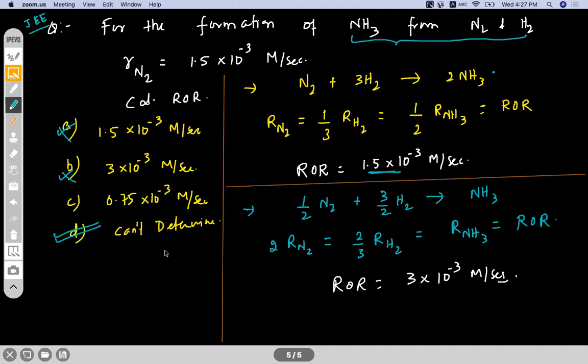So what reaction you have taken, what stoichiometric coefficient you are taking, it depends upon that. According to that, you'll get the rate of the reaction.